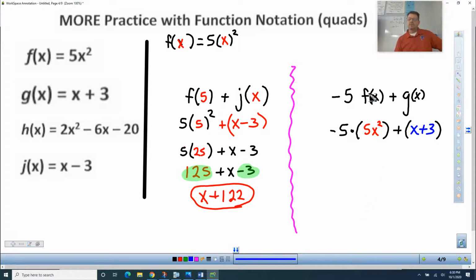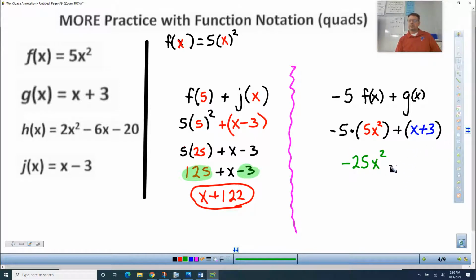Okay, so we put the f of x here, the g of x there, and now we're just going to simplify what we can do. Just follow the instructions of the math. So negative 5 times 5x, well, that's going to give me, let's put green here, negative 25x squared.